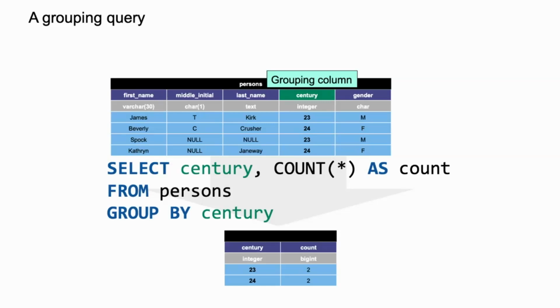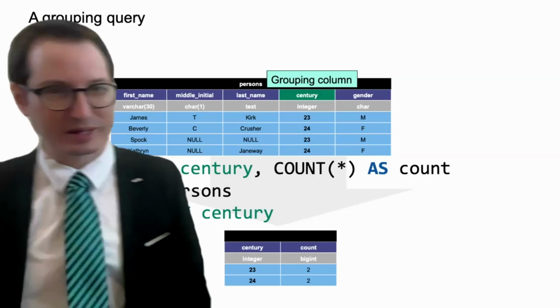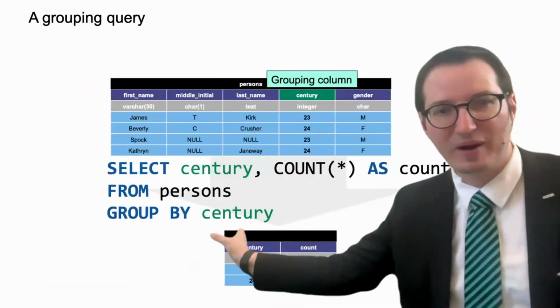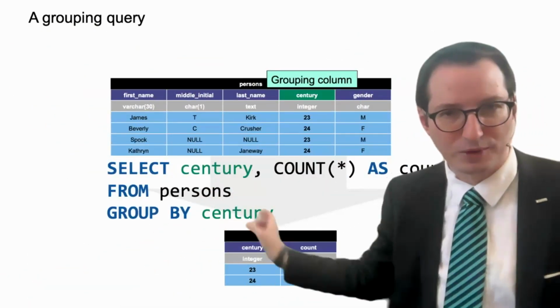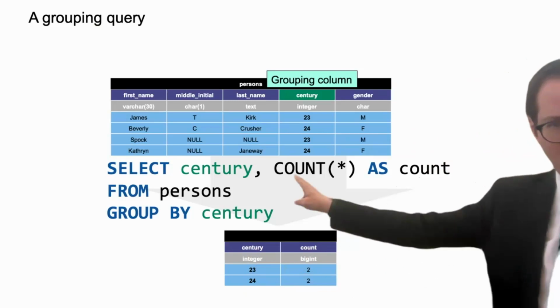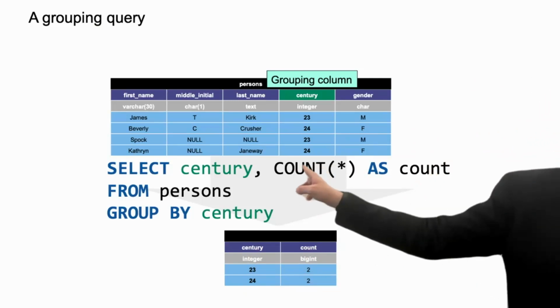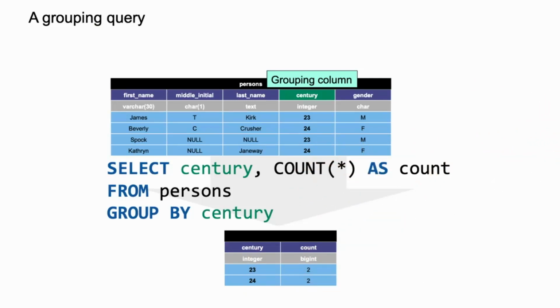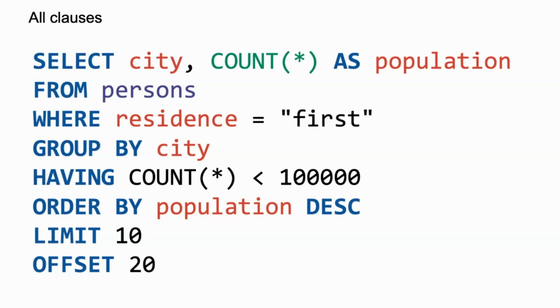And this query here, group by century, is going to say that you want to aggregate by century, and then for every century you want the count. And so this count star is the magical way of doing that, right? So what you group by should always be repeated because you want to see it here, right? Then the other column is count. You can also do sum, mean, max, average, and so on.